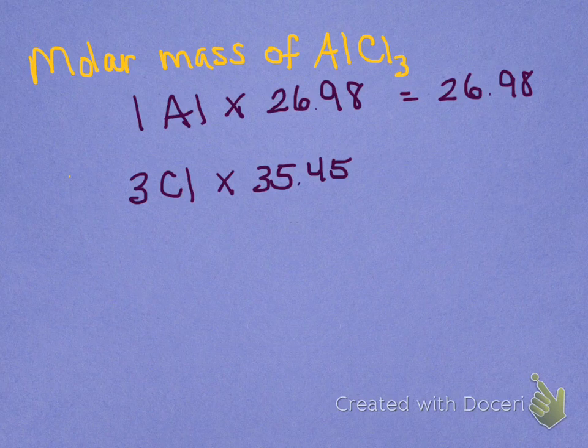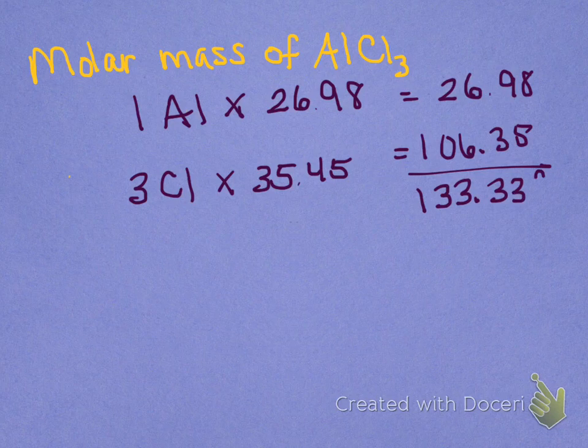I take 35.45 times 3, and I get 106.35. I add that to 26.98 and I get 133.33, in units of grams per mole.